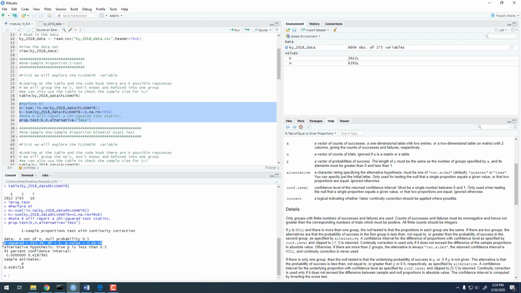If you take a z test statistic and you square it, that ends up becoming a chi-squared. And so this is actually the exact same test, it's just reported a little bit differently. And you'll see that through different sources of information, you'll have the same thing that's reported slightly differently. So that is our test statistic, and that is our p-value. And then they tell us under our alternative, we've got p less than 0.5, which is exactly what we wanted.